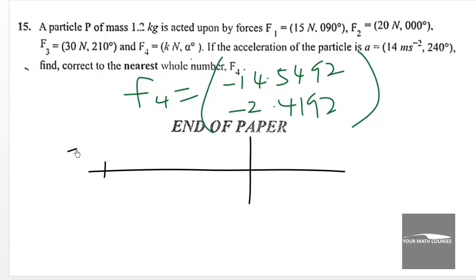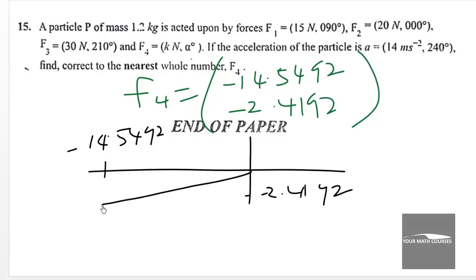We have negative 14.5492 here. Then we have negative 2.4192. It tells us that the force is in this quadrant here. So the bearing will be 180 plus the angle here.